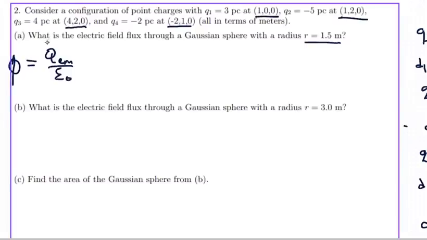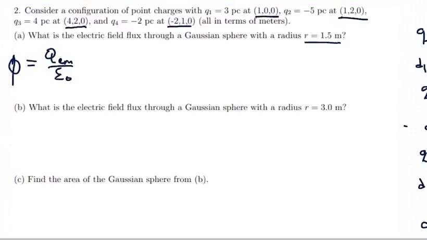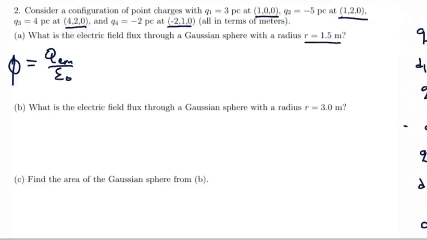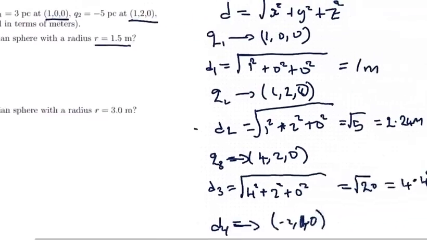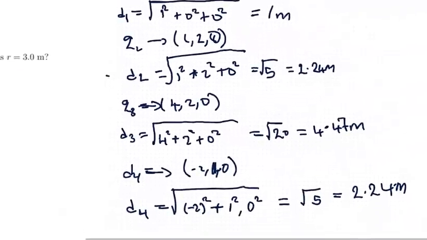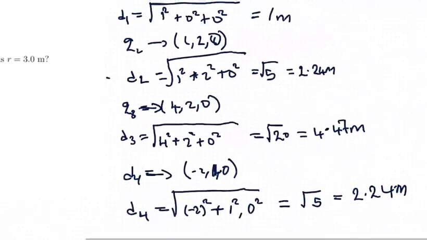So the first question is we should find the charge that is enclosed within the Gaussian sphere, and the radius of the sphere is 1.5. So let's go back to each of the distances we calculated. For Q1, the distance d1 is 1 meter, and it's expected that it's enclosed.